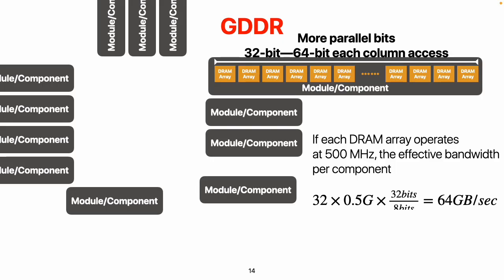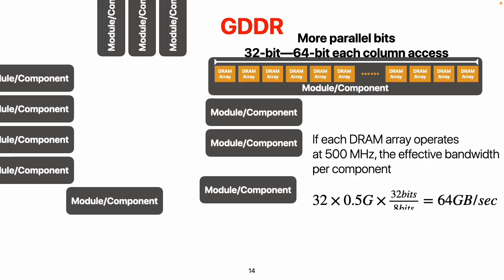So in addition, GDDR introduced another concept called channels. So instead of just having one module, one channel, one unit to receive memory commands at the same time, GDDR actually has a lot more channels that can be controlled in parallel.